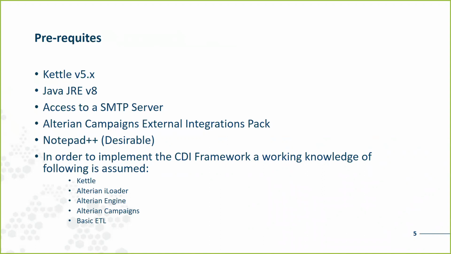Notepad++ is desirable. We use this internally for creating our iLoader scripts and text highlighting. Also, in order to implement the CDI framework, a working knowledge is assumed of Kettle, Alterian iLoader, Engine, and Campaigns, and a basic knowledge of ETL is really desirable.